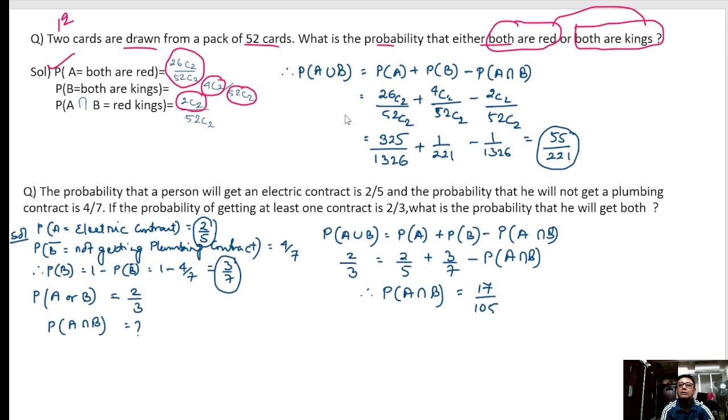And now red king, so there are 2 red kings and I have to draw 2 cards. So 2C2 out of the total. Then we will find P(A union B), and solving these we get the answer. This is the answer.